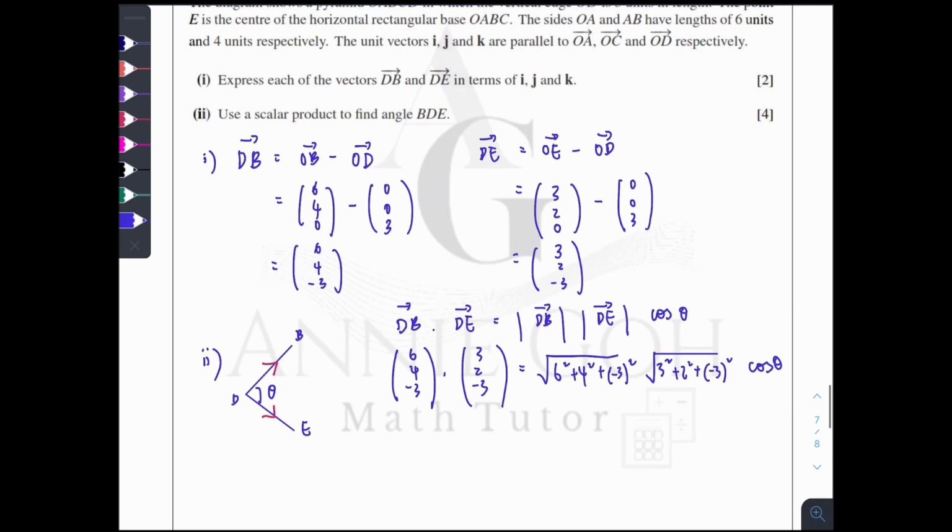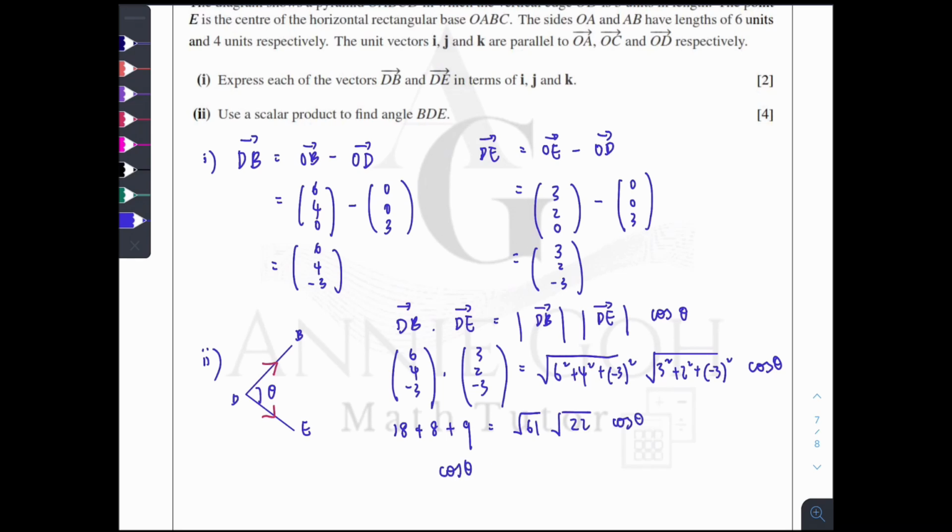And do you still remember how to calculate the dot product? It's x1 x2, so 6 times 3, 18, plus 4 times 2, 8, plus -3 times -3, 9. As for the magnitude, you just need to do some calculation over here. So 9 plus 4 plus 9, 22, times cos theta.